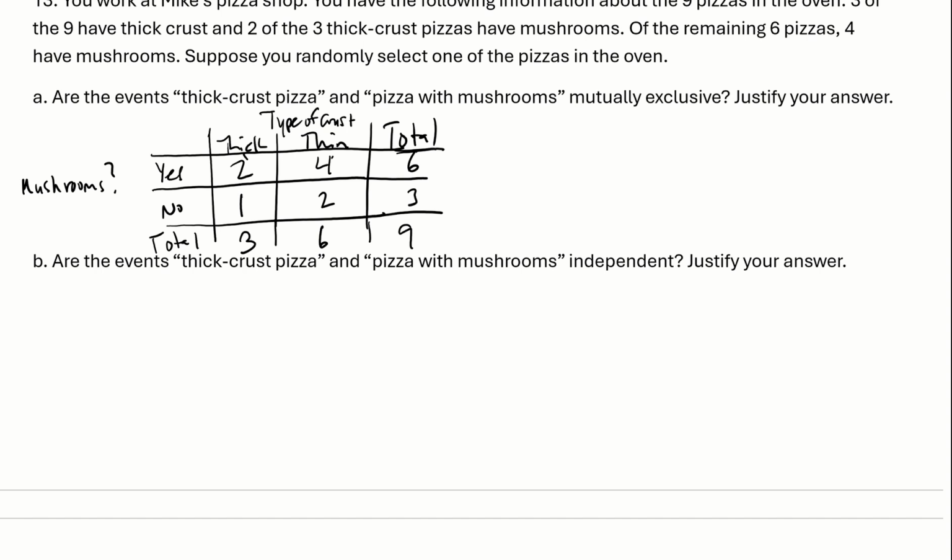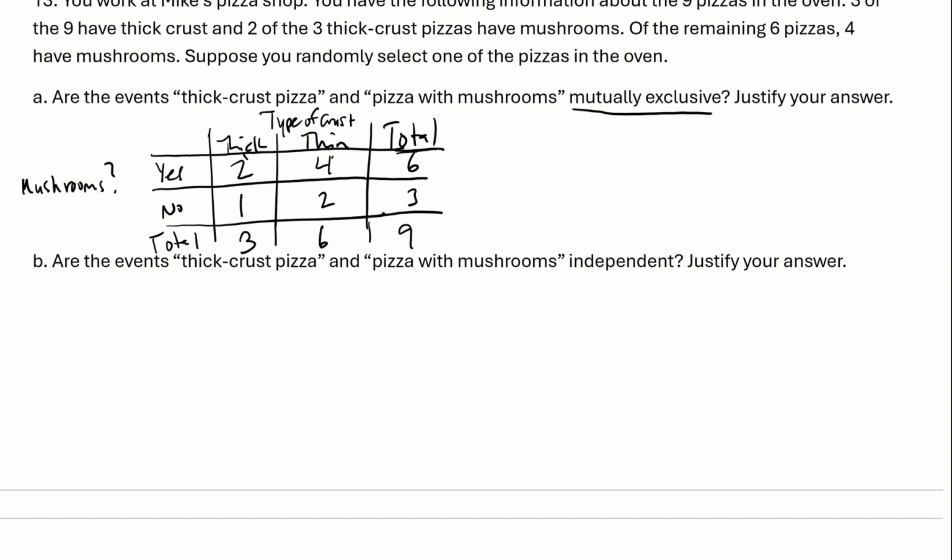Are the events thick crust pizza and pizza with mushrooms mutually exclusive? Well, that's easy. Mutually exclusive means that there's no overlap. Is there any overlap? And the answer is yes. So they're not mutually exclusive. So you could have a pizza with mushrooms and thick crust, right?